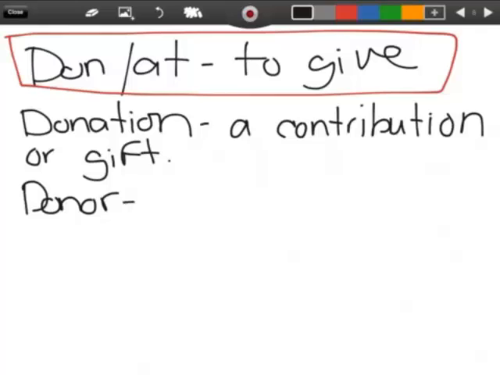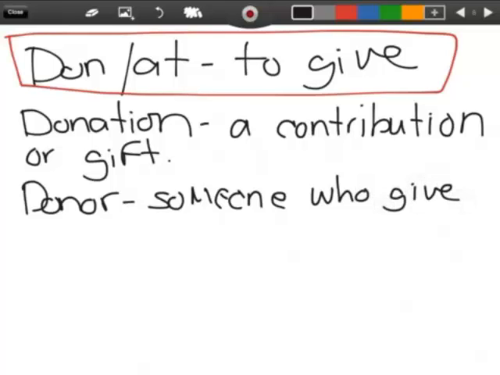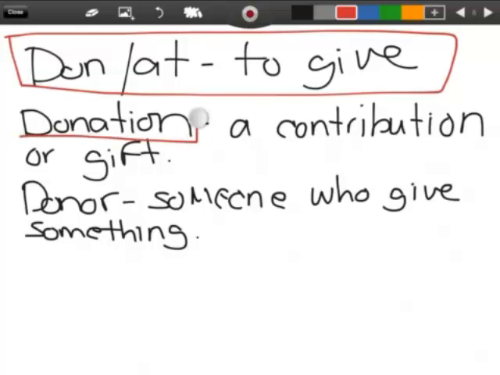And donor means someone who gives something. I'm going to use donation in a sentence.